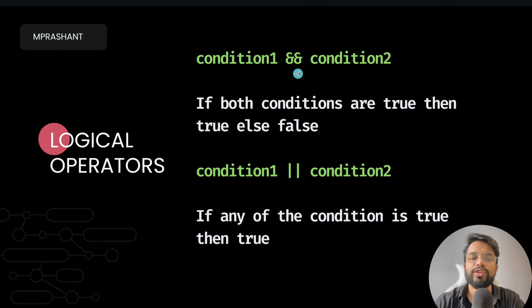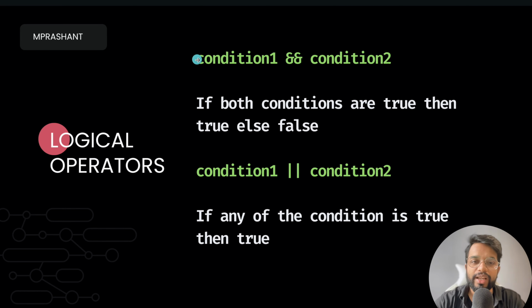The first case is using the AND operator. For example, you can see here we have provided condition 1 and condition 2, and both conditions are separated by the AND operator like this, right? Whenever we use the AND operator between 2 conditions, it means if both conditions are true, then true, else false.